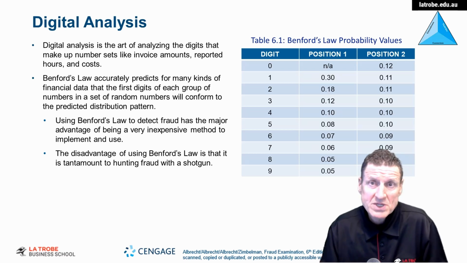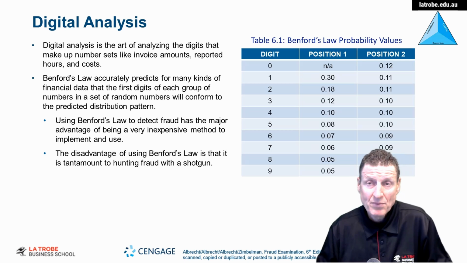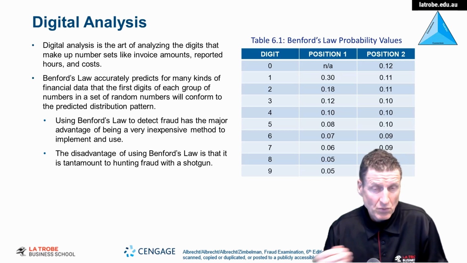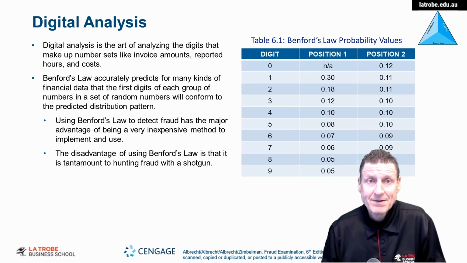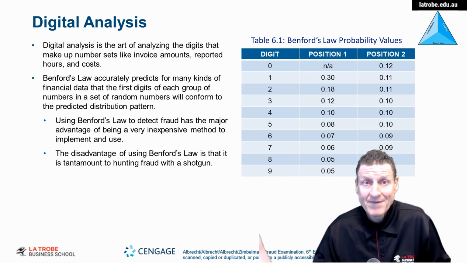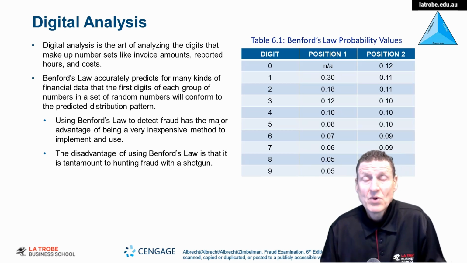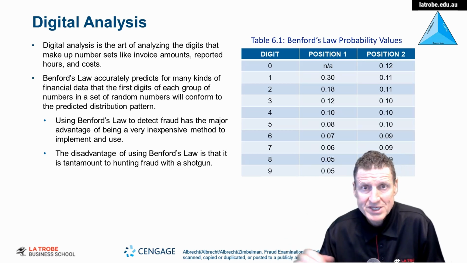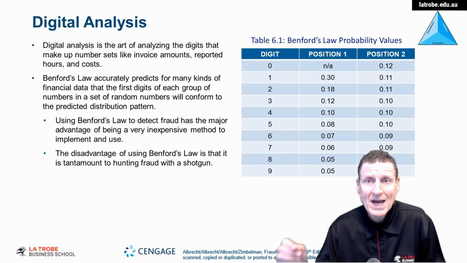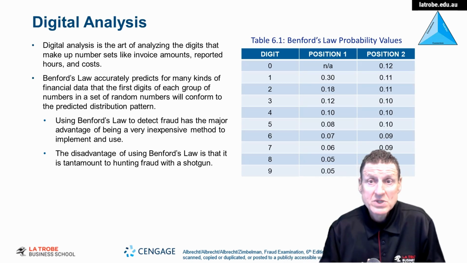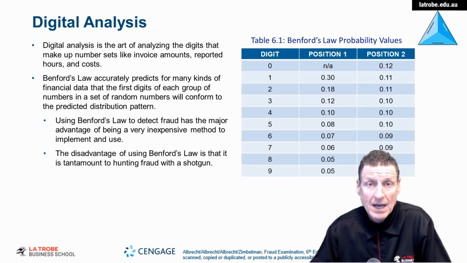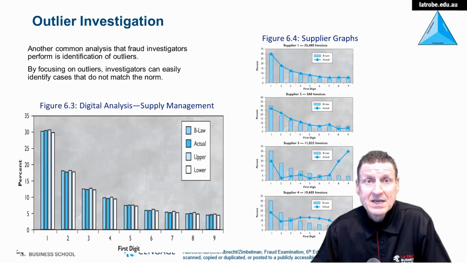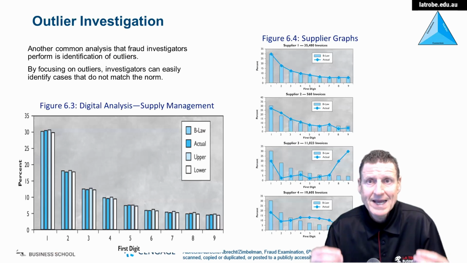And the textbook talks about Benford's law of probability values, from just after World War I, before World War II, about as early in the last century, where Benford found that if you look at an array of any data from any organization, it's more likely that the data digits are going to be starting with ones and twos, threes and fours, more often than fives, sixes, sevens, eights, and nines. Wow, amazing. And we can use that to investigate outliers.